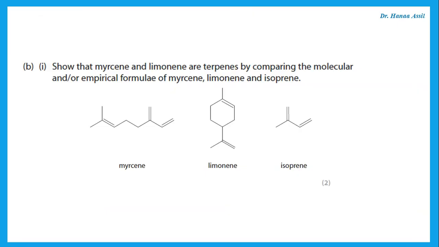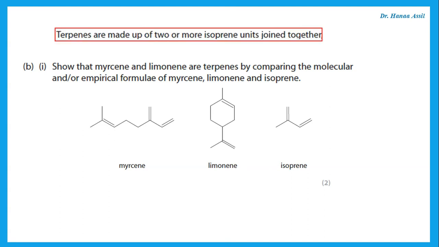Show that myrcene and limonene are terpenes by comparing the molecular and or empirical formulas of all of these. Remember, we were told in the introduction that terpenes are made up of 2 or more isoprene units joined together.